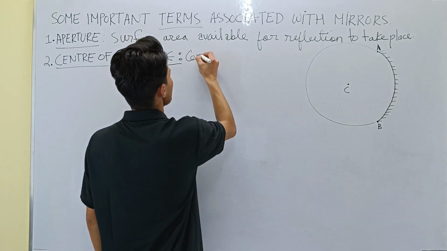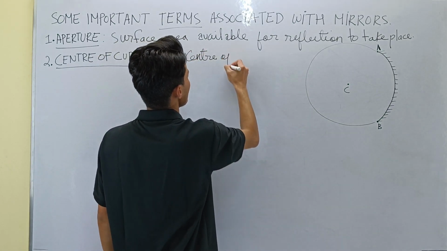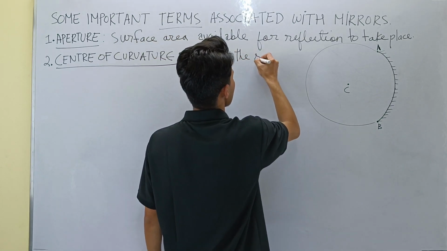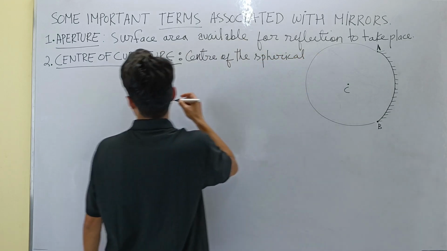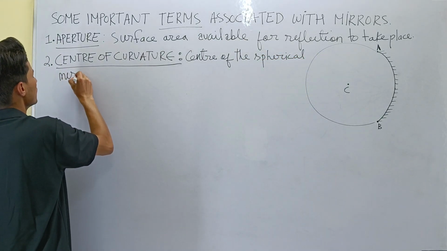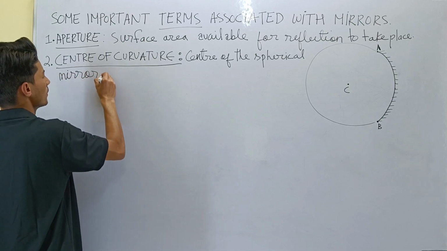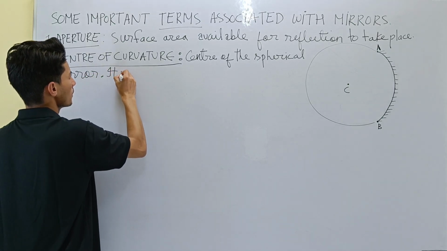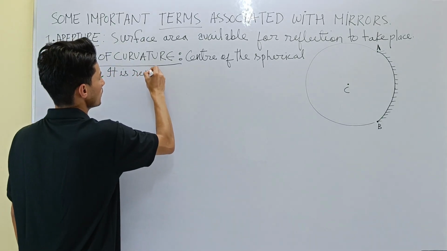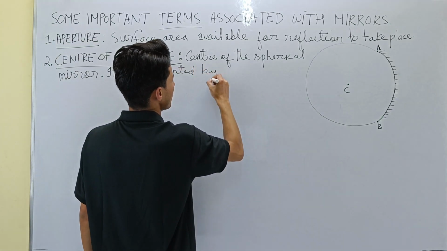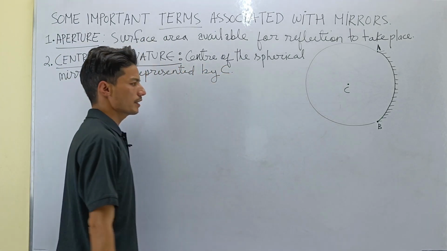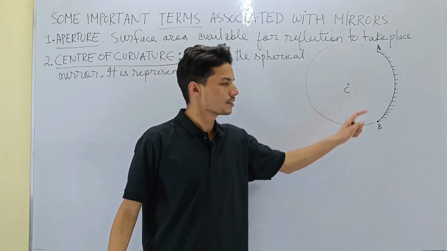Just write down: center of the spherical mirror, and it is represented by capital letter C.